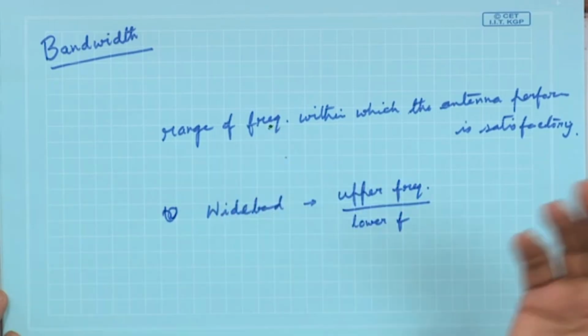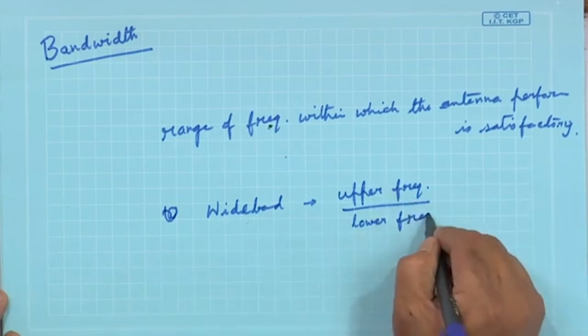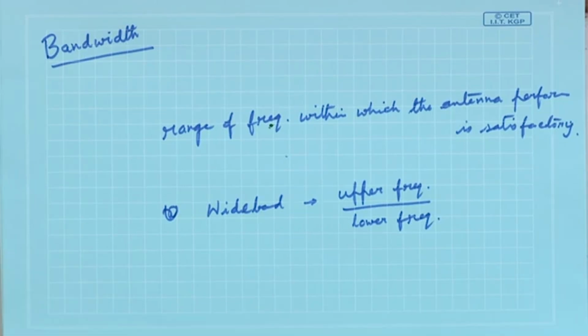Range is the difference, upper minus lower, but if you divide upper by lower, sometimes you will see that for a wideband antenna people say the bandwidth is 10:1. That means the upper frequency of satisfactory operation by the lower frequency of satisfactory operation is 10:1.